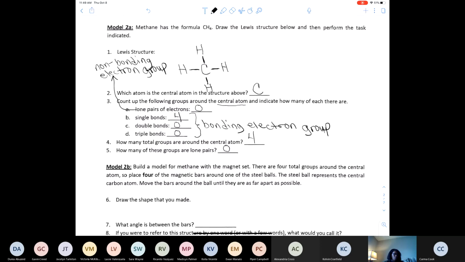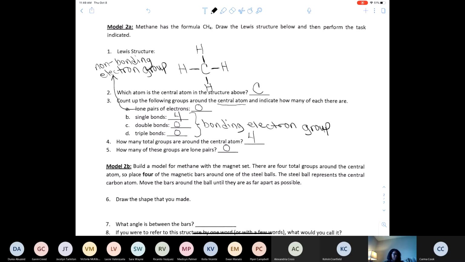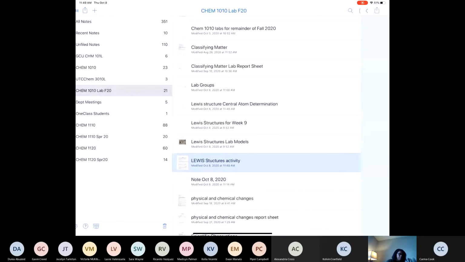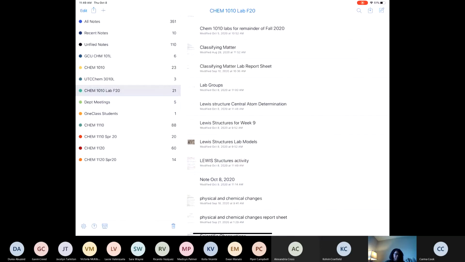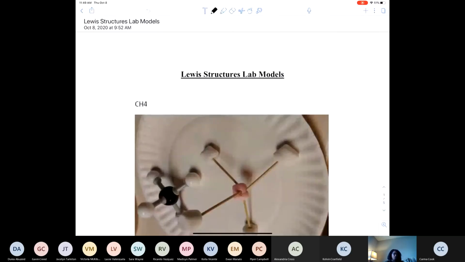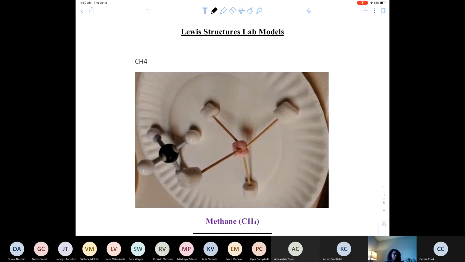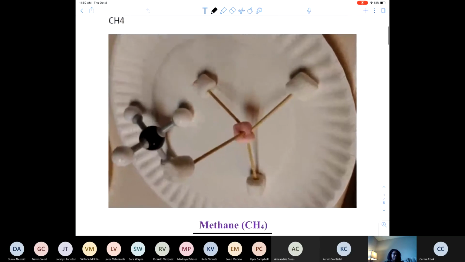So we're going to do one more of these models together. But before we move on to ammonia, if you go to the eLearn page for our lab, and then go to course content, week 7, you'll see that I've placed a document that has models for all of the Lewis structures that we're drawing today.